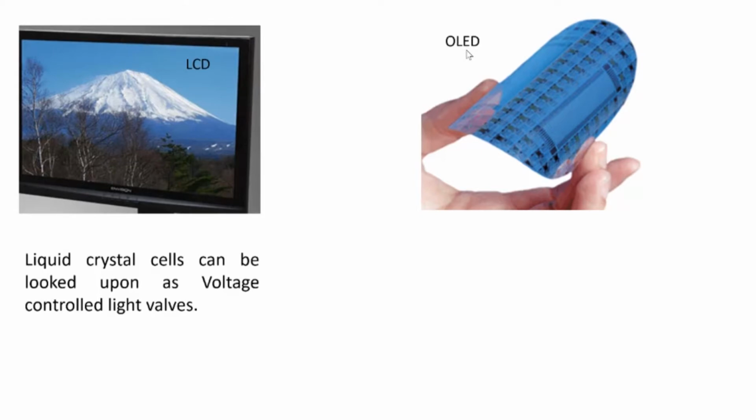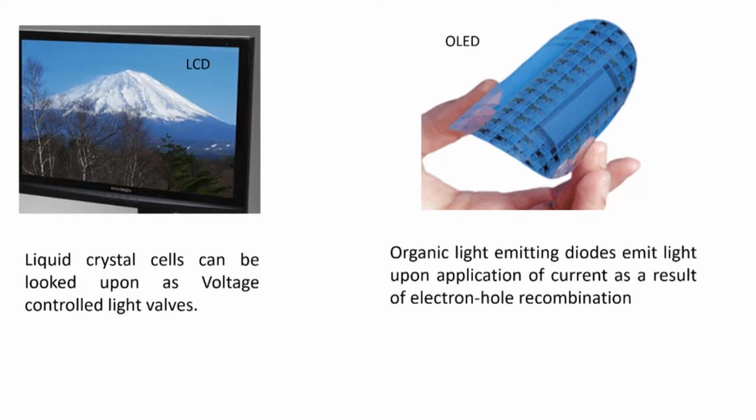If you apply a voltage and a current passes through it, then, as some of you have read in your school days, in a diode there are electrons and holes, and these electrons and holes recombine and the excess energy is emitted in the form of light. So OLED is also like that. Electrons and holes recombine to produce light, except that the semiconductors are not your conventional inorganic semiconductors, but organic ones.